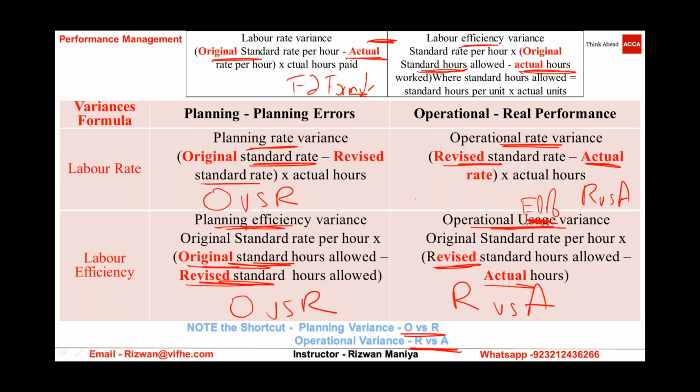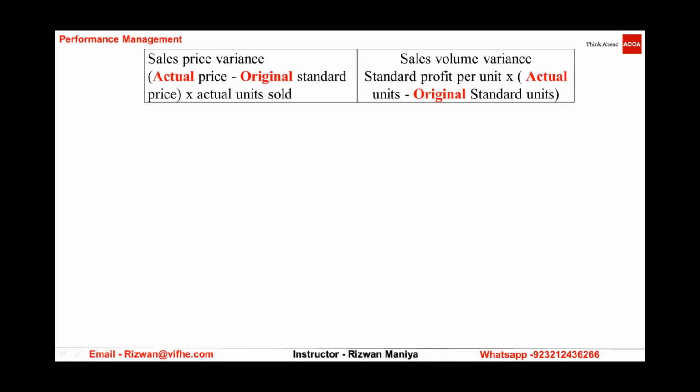So now moving towards sales. Here I would request you to listen very carefully to what I'm saying. It's sales, right? And in sales, things become opposite. These are the F2 formulas of price variance: actual price minus original standard price.